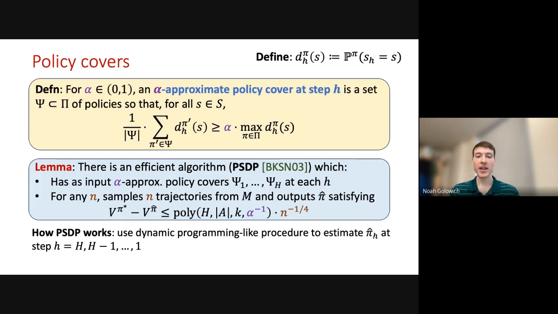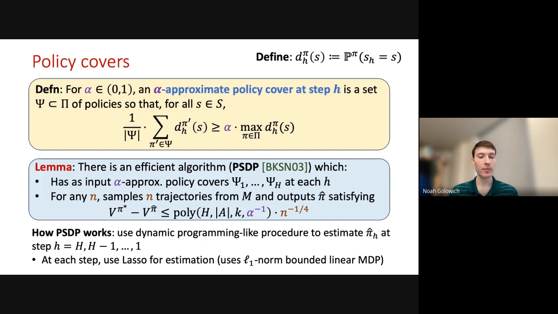Now, this is a relatively standard algorithm, and I'm not going to say too much about it, but roughly speaking, the way it works is by using a dynamic programming-like procedure to estimate the output policy pi hat at each step little h, going from capital H all the way down to 1. So it's a backwards inductive-like procedure.